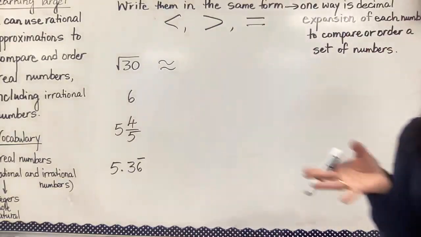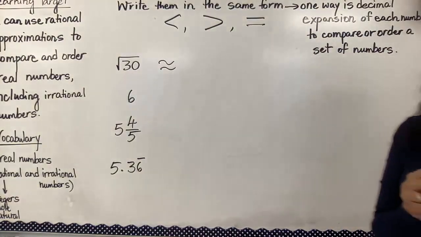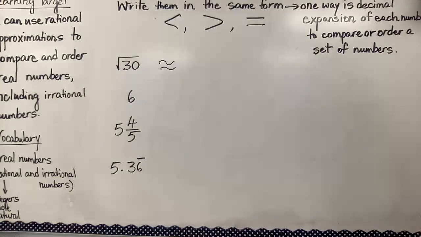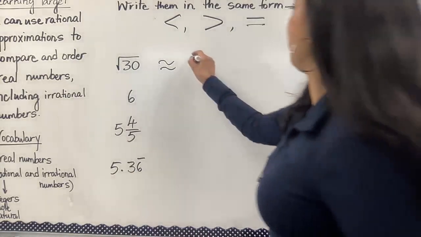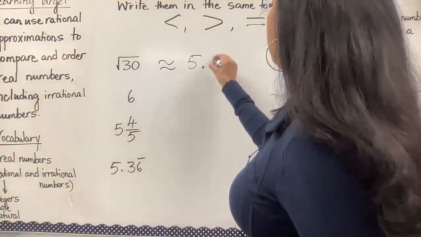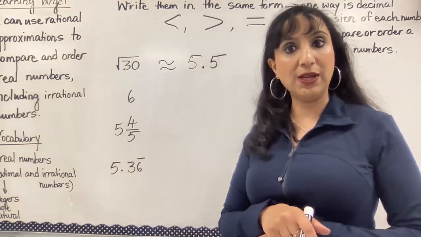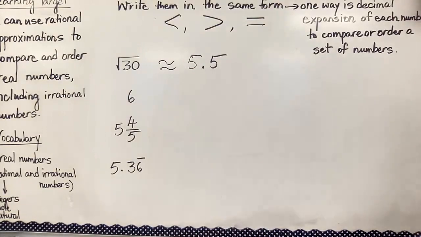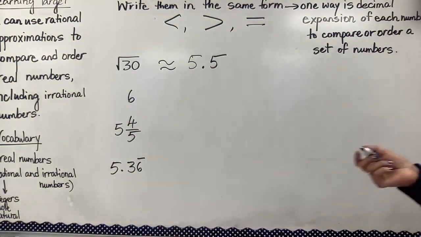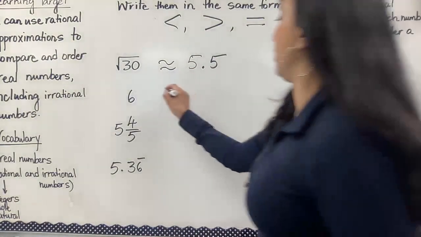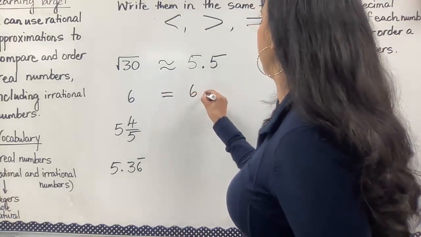By using the lesson where we take decimal values, we can see that this is going to fall right about here, 5 and 5/10. That is an approximate value. Now when I look at 6, this is already 6, right?